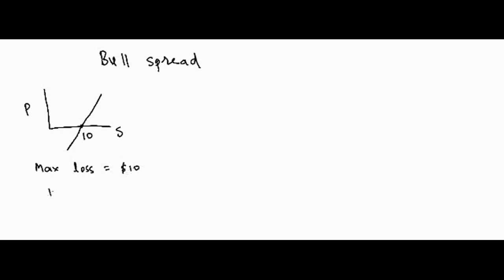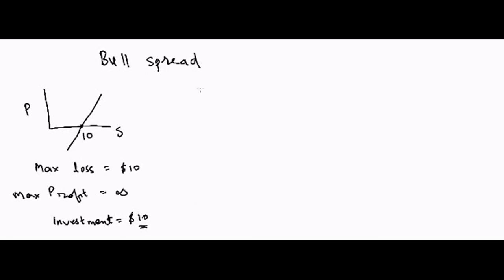And the maximum profit is equal to infinite, so it can go all the way to anywhere. So this is how it is if you buy the stock, and your investment will be equal to $10 too, because you have to invest $10 in it.